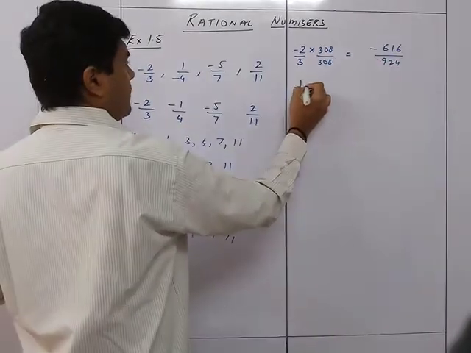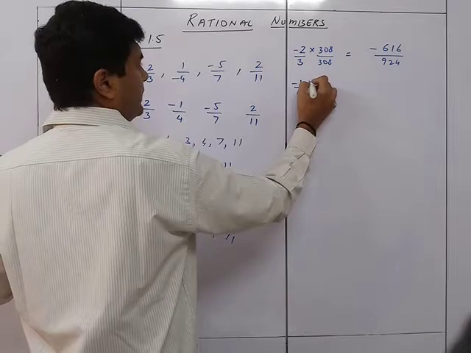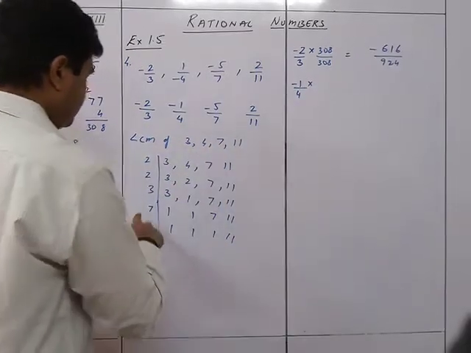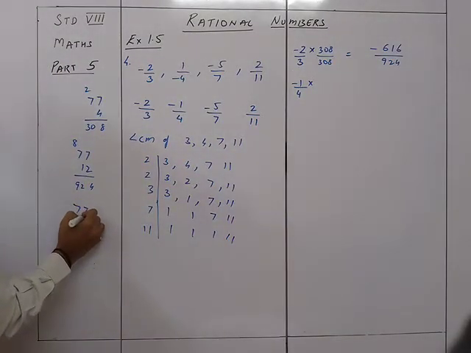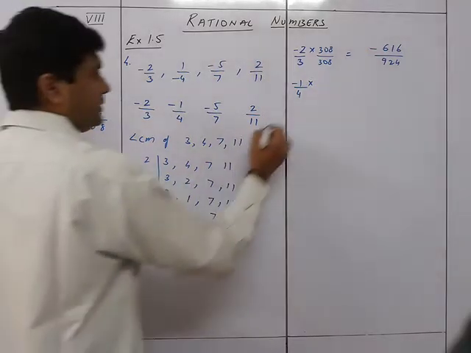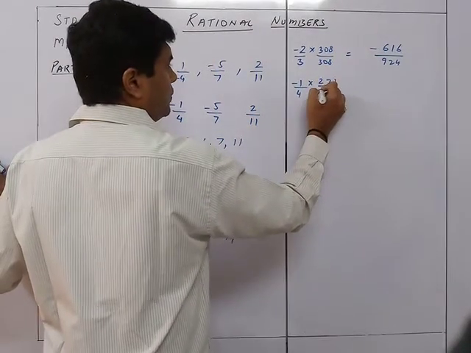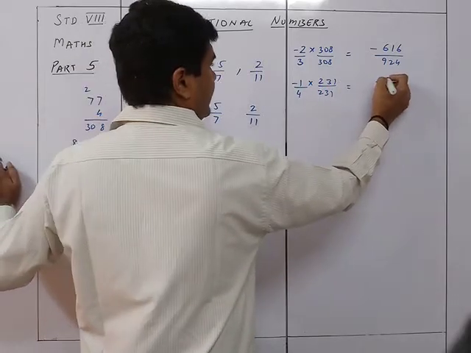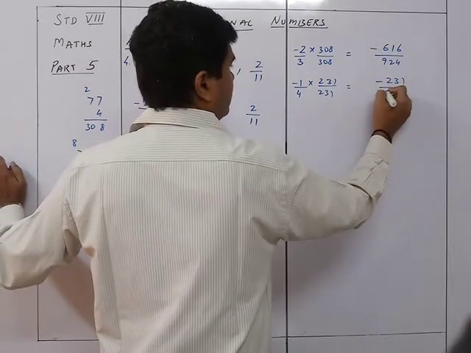Next is minus 1 upon 4 into 77 into 3, which is 231. So it is minus 231 upon 924.